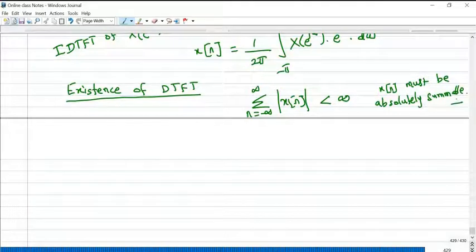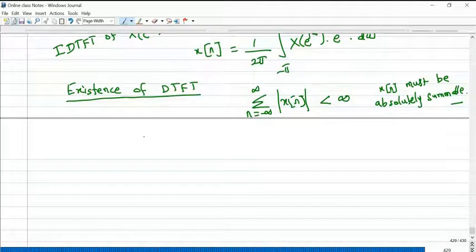This means only stable signals will give this result, right? Summation from minus infinity to infinity of the magnitude of x of n is less than infinity. This will be true only for stable signals. So DTFT can be applicable only for stable signals. Then we move on to Z transform by assuming some condition, that is region of convergence. With that concept, we can apply the Z transform to both stable signals as well as unstable signals.